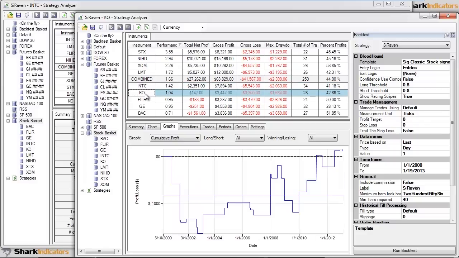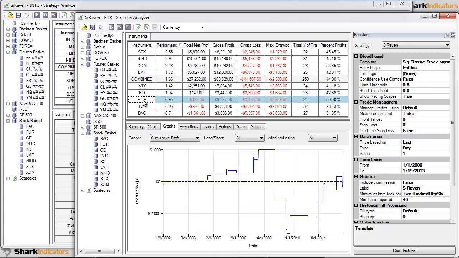Next, Coke. Coke did a little better, but once again, that's a pretty disastrous beginning. But afterwards, you get the stair-stepping up. And so we can see changing the cycles of the stochastics and the MACD just aren't working with Fluor here.